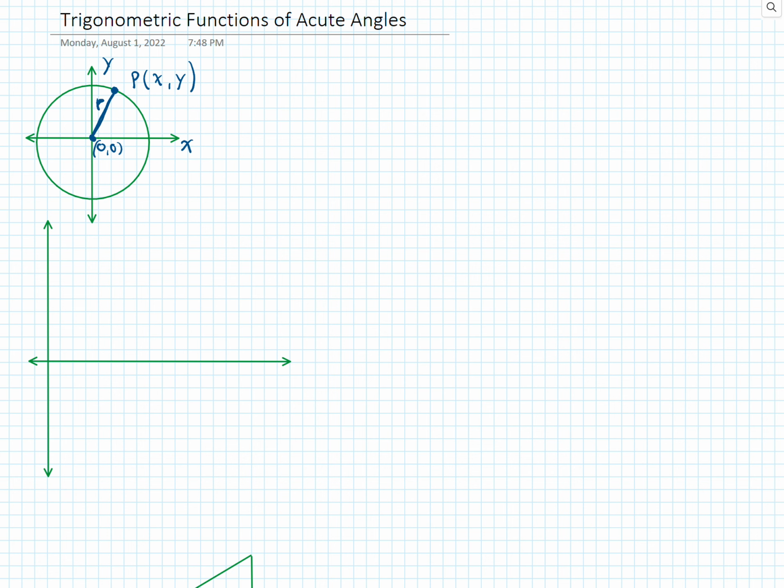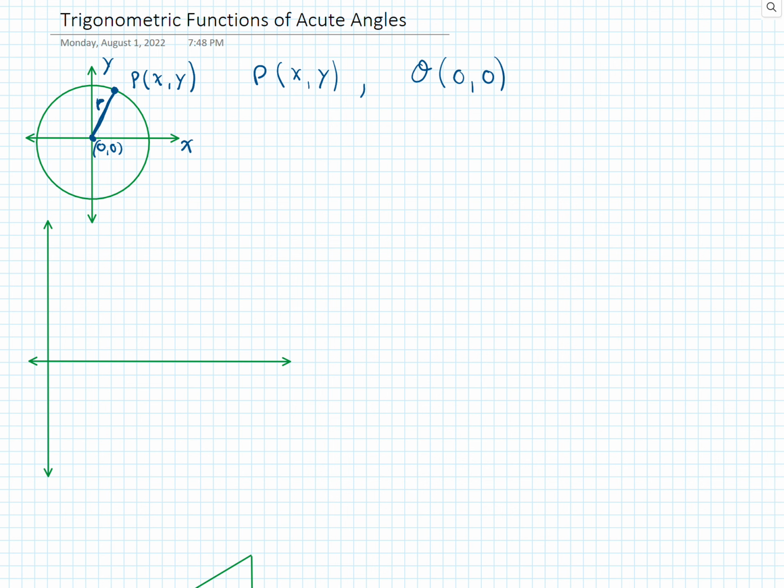Now, all of that being said, I would like to find the distance between the origin and my point P. So I would like to find what R is. And to do that, we're going to do the distance formula. So we have 2 points. We have x and y. That's my point P. And then we have the origin, which is at 0, 0.